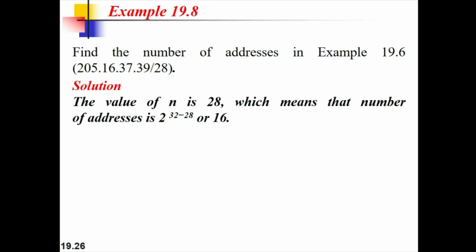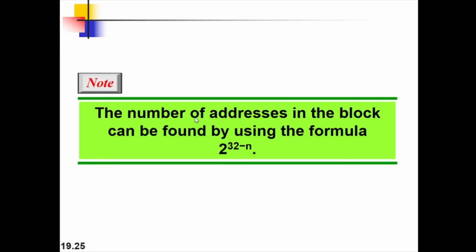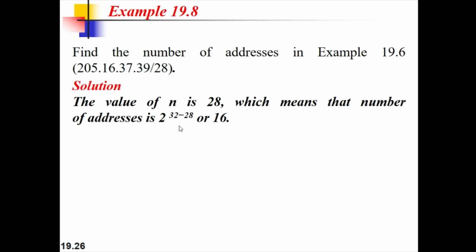The value of n here is 28, which means that the number of addresses is 2 to the power of 32 minus 28. In the end you will get 2 to the power of 4, equal to 16. So the total number of addresses in the block is equal to 16.